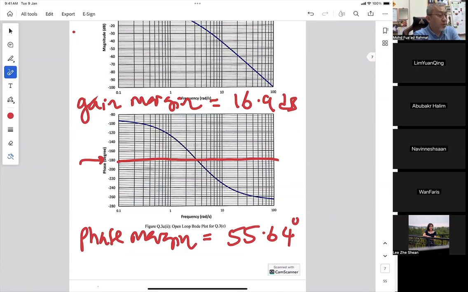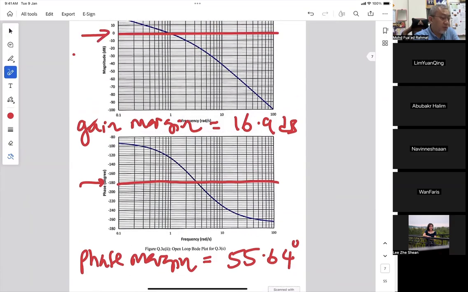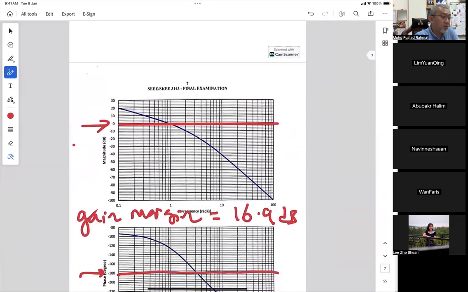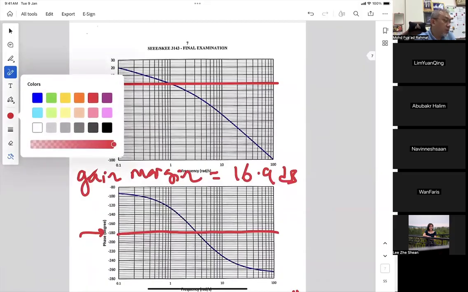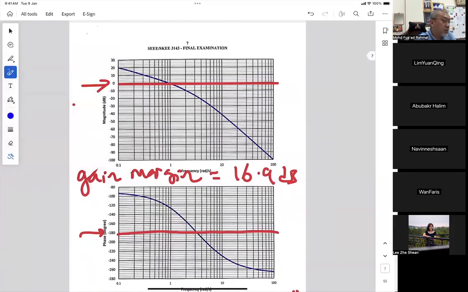Okay, so gain margin 16.9 decibel and phase margin 55.64. You have to find the crossover frequency here, that is your omega GM, and that is your omega PM.